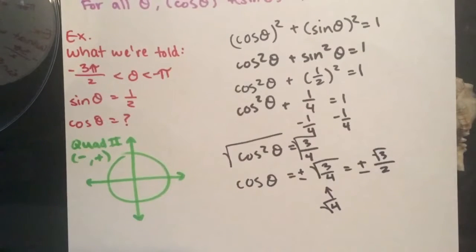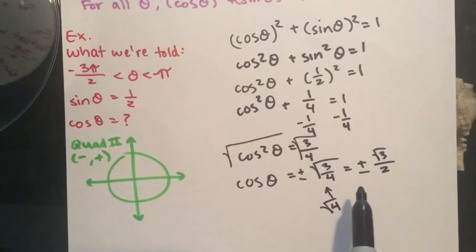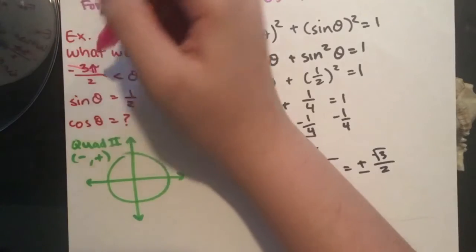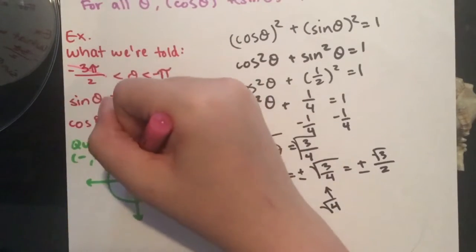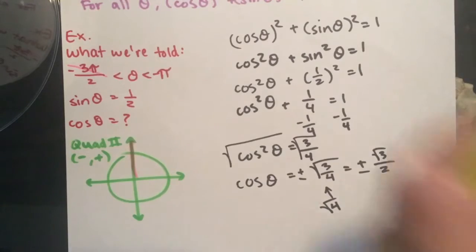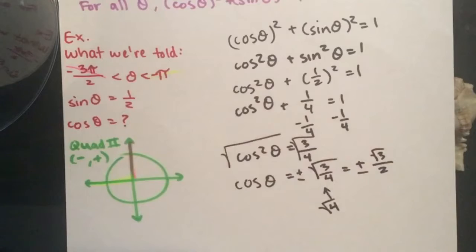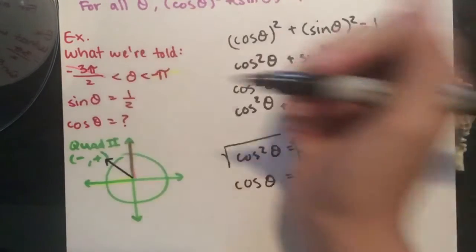Now we can even go further by using this information to determine if we should write positive or negative. So we know that negative 3 pi over 2 is right here, and that negative pi is right here, meaning that our value should be right around here.